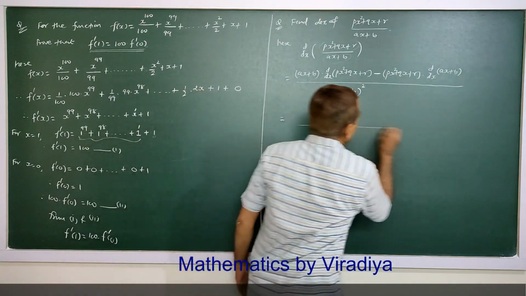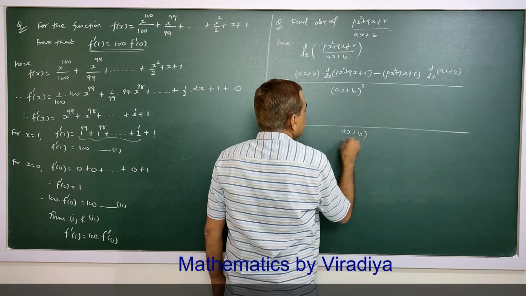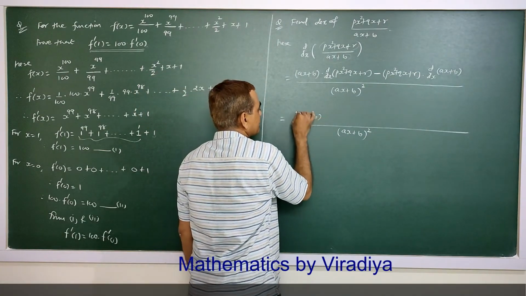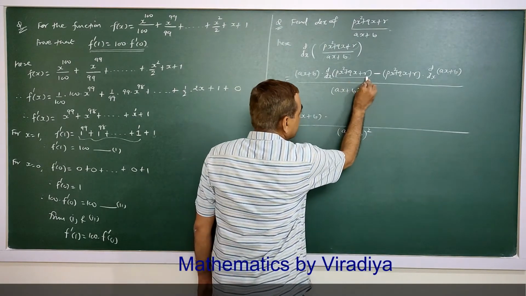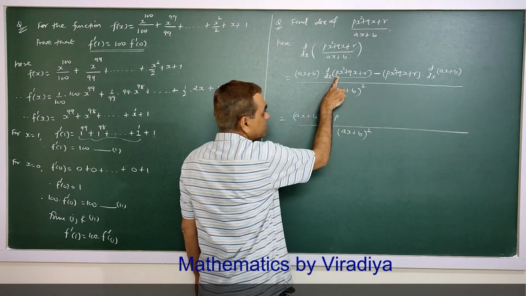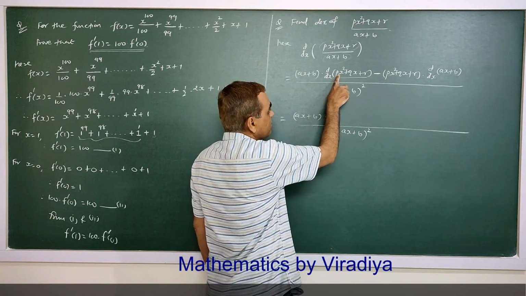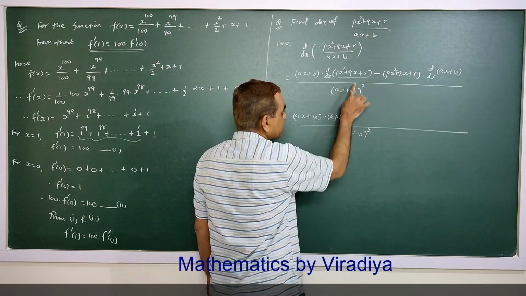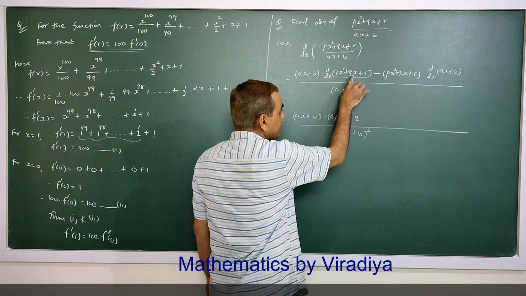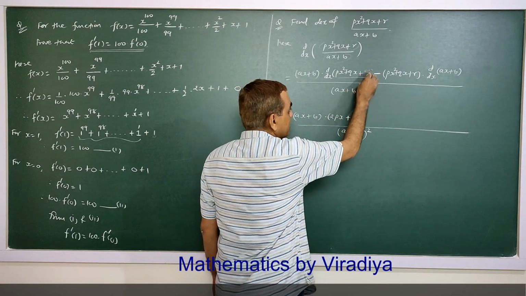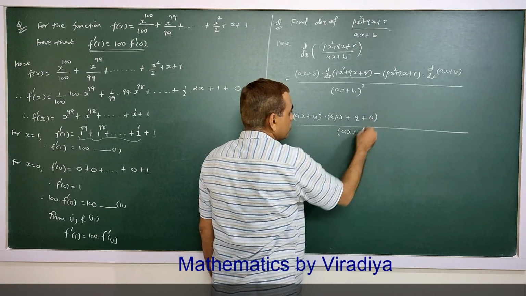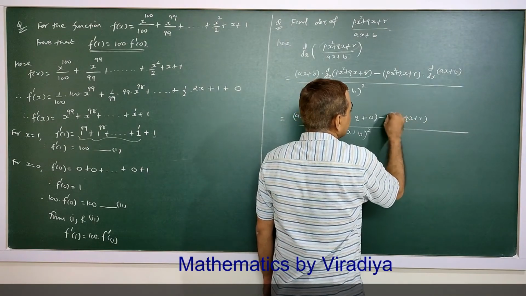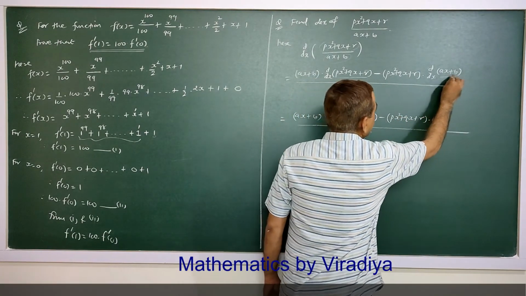So this is equal to, here (ax plus b) whole square, (ax plus b) into, now derivative of this function, p as it is, p is constant, derivative of x square is 2x, so p into 2x, that is 2px, plus derivative of qx is q into 1, derivative of r is 0, minus (px square plus qx plus r) into derivative of ax plus b.